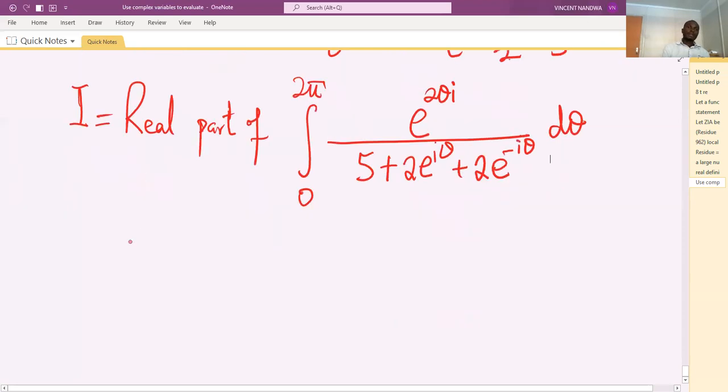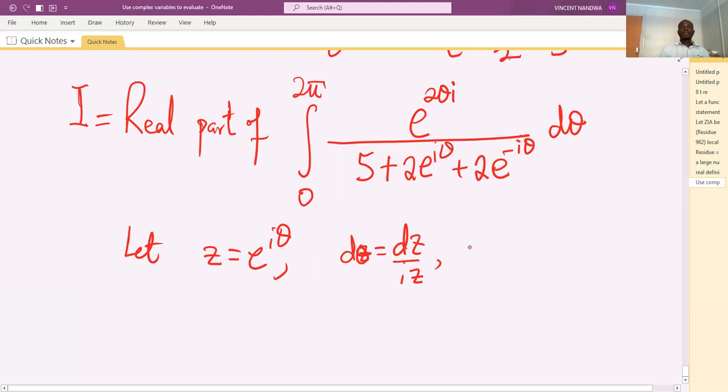Now let z be e raised power i theta. So this implies that d theta will be dz over i z, and then e raised power minus i theta will be 1 over z, and e raised power 2 theta i will be the same as z squared.